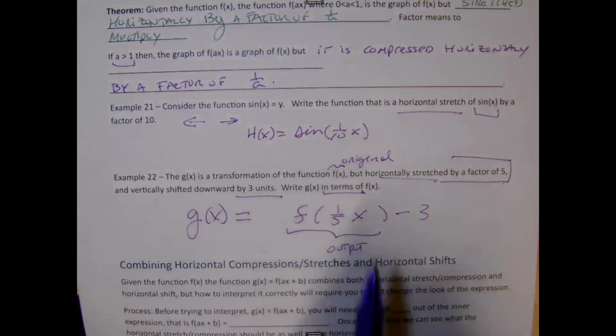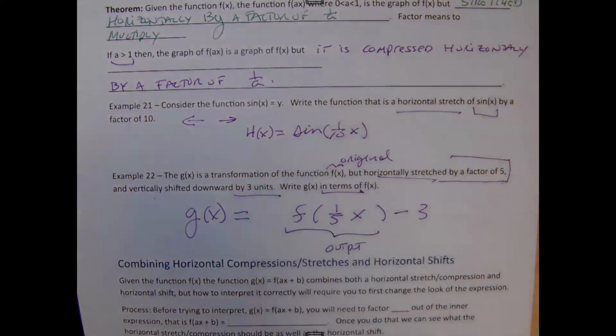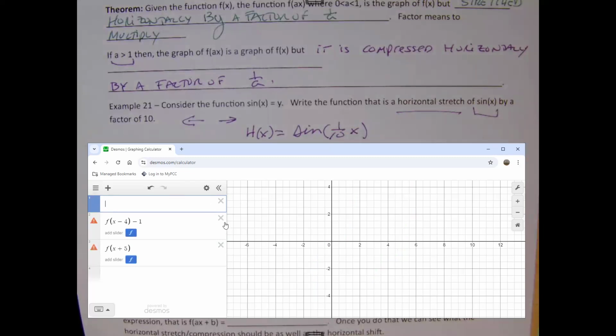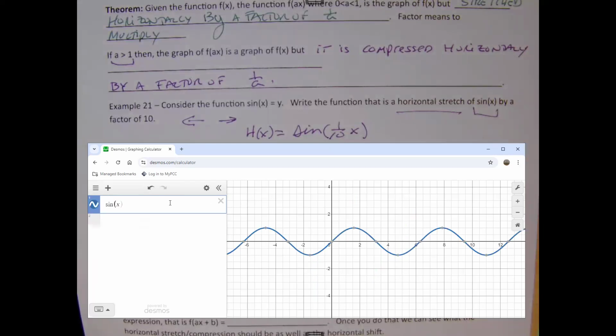Now let me go back to the earlier example, go to Desmos real fast and verify that I did what I wanted to do. What I wanted to graph was this sine function. I'll get rid of all this, and the sine function is just that. There you go. That's a sine function. I said I want to stretch the heck out of this.